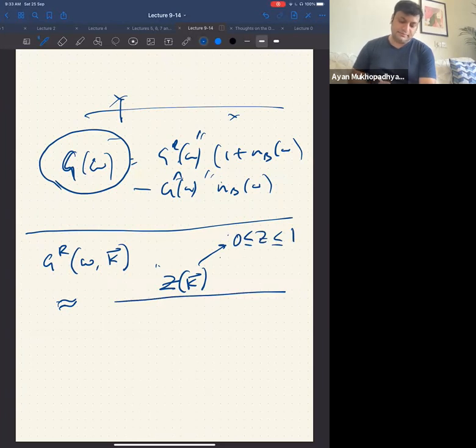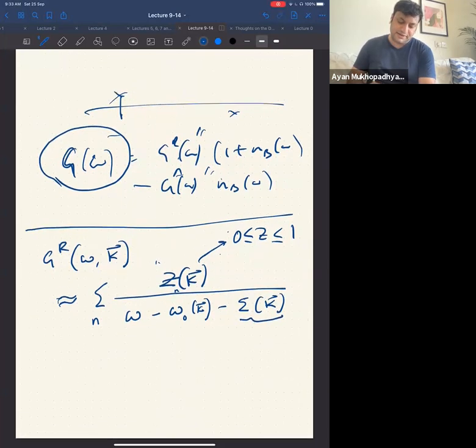And then there are some discrete poles. There are these quasi-particle poles, and there is a sum over n of 1 over omega minus omega naught K minus sigma(omega, K). Sigma is a self-energy, but because I'm looking at a pole, I would rather say it is sigma(K). It has a real and an imaginary part.